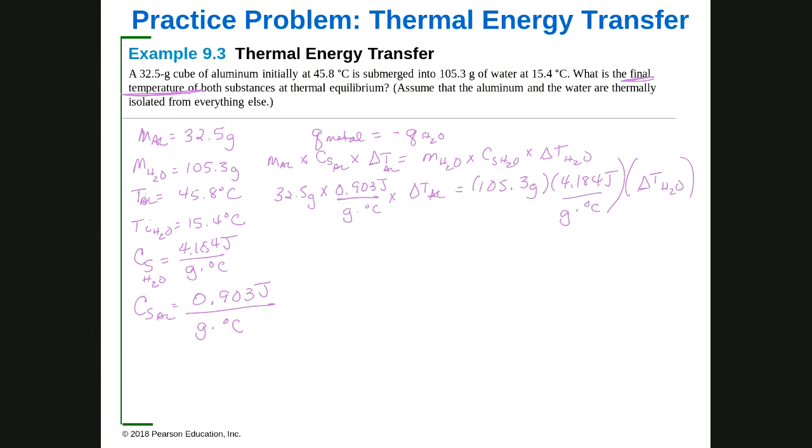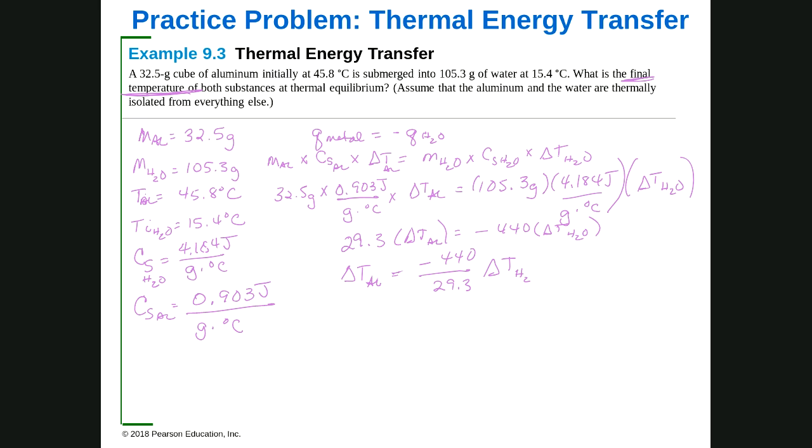So that becomes 29.3 times delta T of the aluminum equal to a negative 440 times the delta T of the water. Delta T of the aluminum equals a negative 440 over 29.3 times delta T of the water.